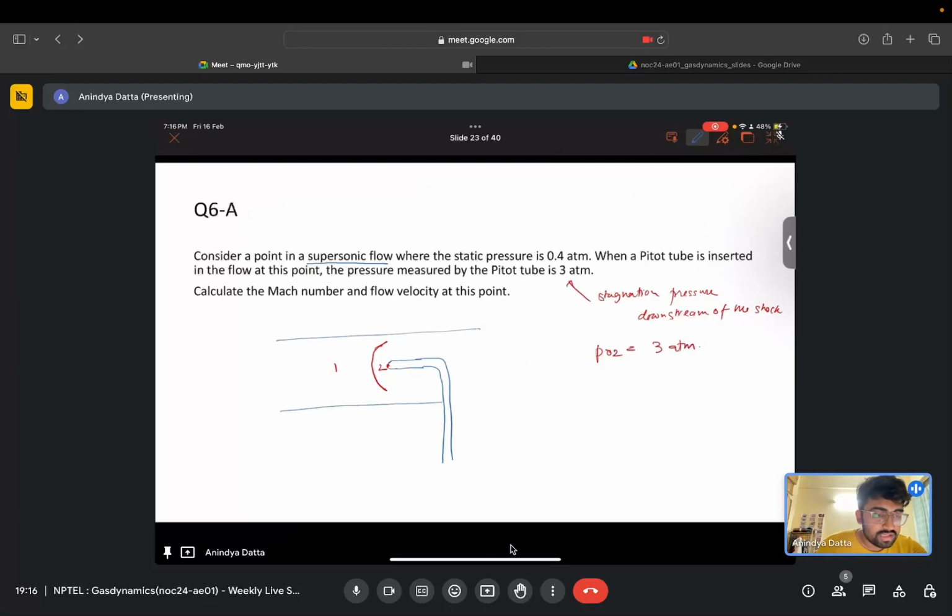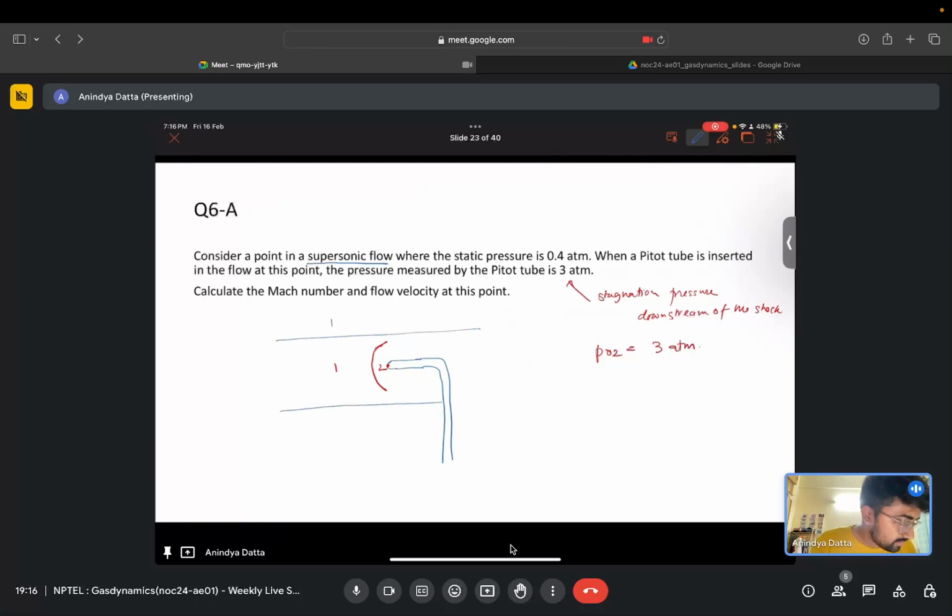If the flow is subsonic but not incompressible, we have to use the stagnation pressure ratio in terms of Mach number, which is what we call the compressible pitot. But now this is a supersonic pitot tube, so we have a normal shock forming, and the stagnation pressure that we are measuring is what happens downstream of the shock.